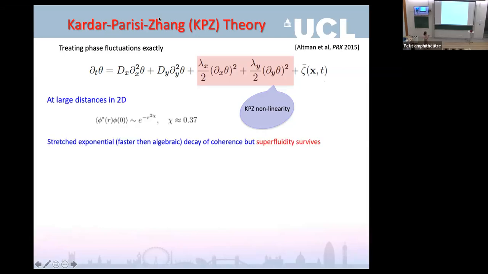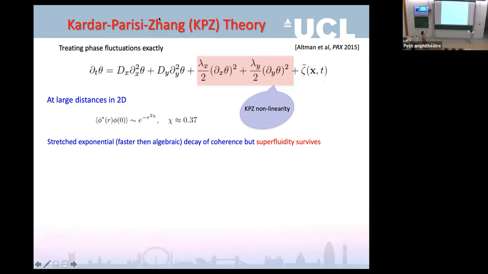So what does it mean? Well, what it means is that now, in principle, you have a different behavior of the phase, and at large distances, this will not lead to algebraic decay, but it will lead to stretched exponential decay with the characteristic KPZ exponent of 0.37.